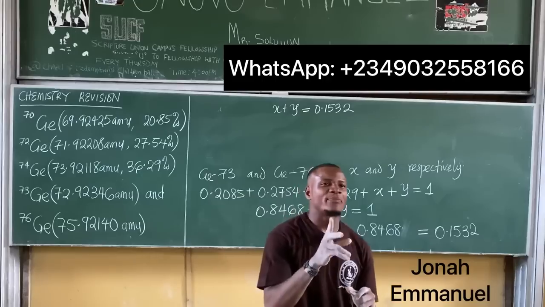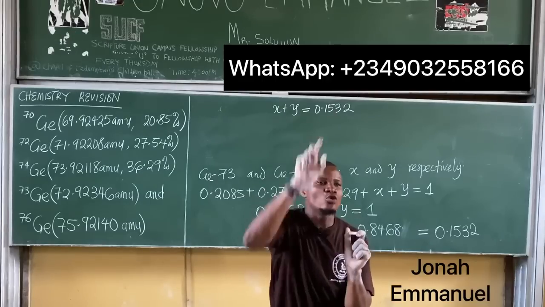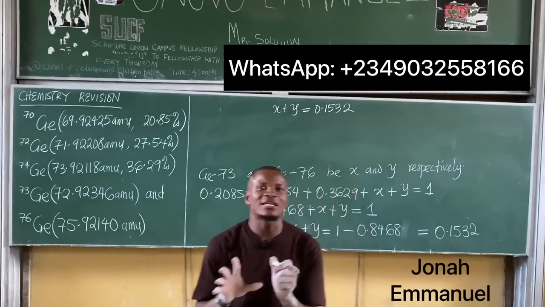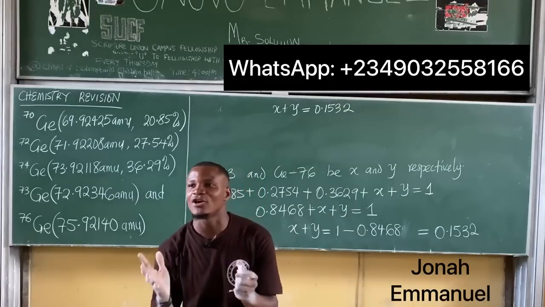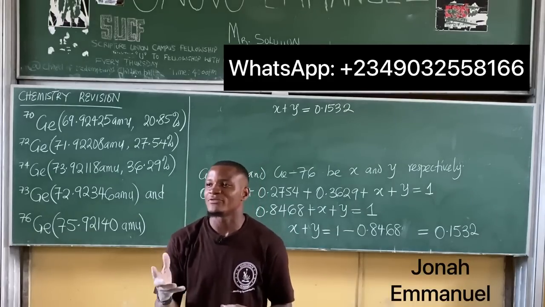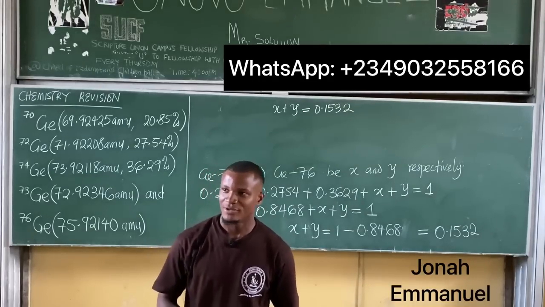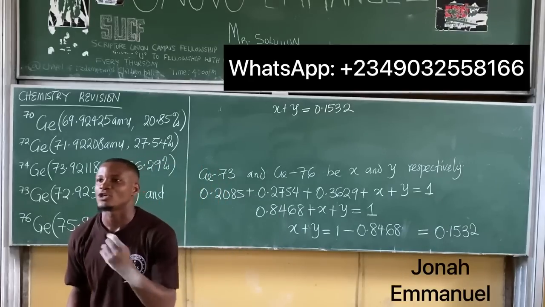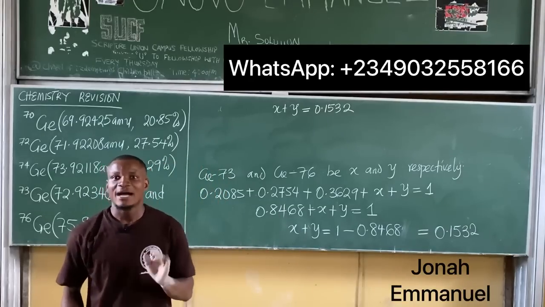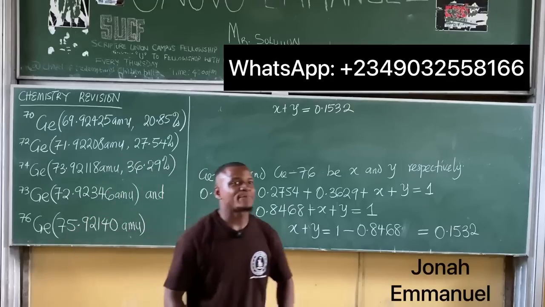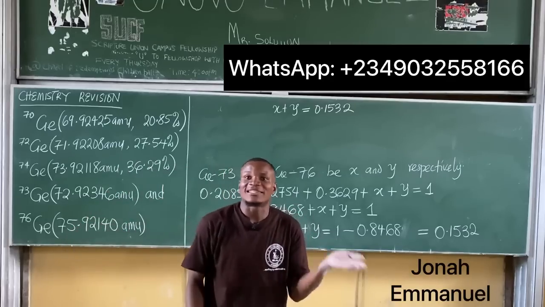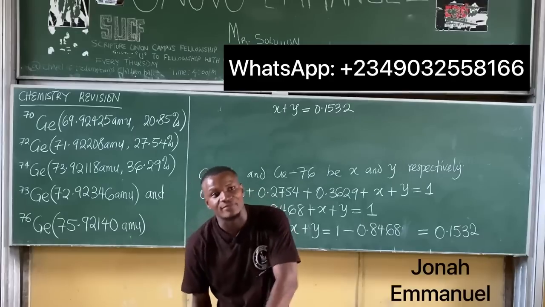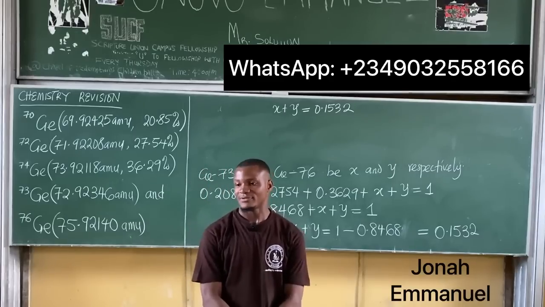I need at least two different equations such that I will solve them simultaneously. That's how you have the concept of simultaneous equation. But in this case here, I cannot form a simultaneous equation. So what do we do? The idea is simple. I will express one variable in terms of another variable. It's a simple mathematical concept.